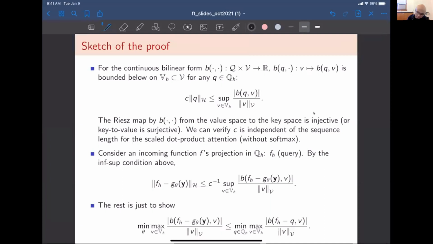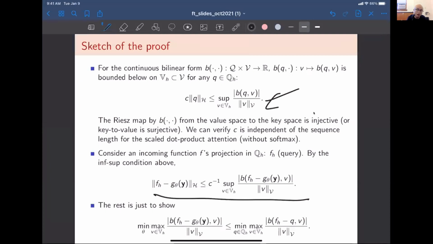First, we prove the inf-sup condition. For the simplest scaled dot-product attention, it's a standard exercise of linear algebra. We assume the key space is bigger than our value space, so if the query comes, we have enough keys to unlock the best approximator. Then we apply the inf-sup condition.